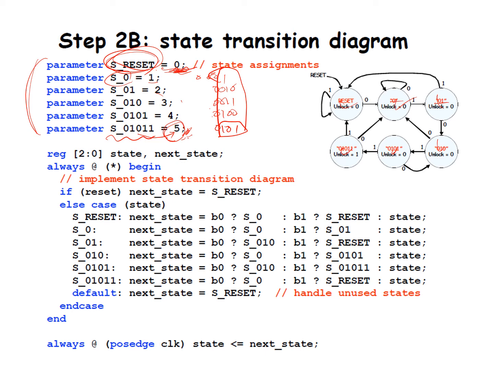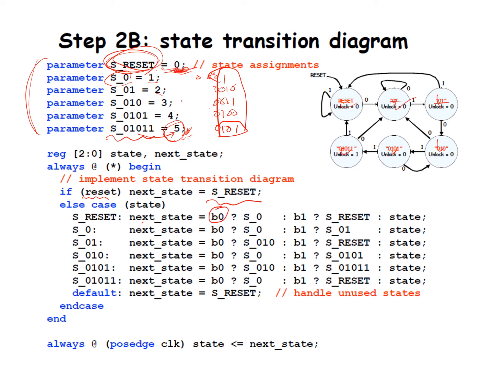Now let's describe inside the logic how we determine the state. In this case, we define that if the reset signal is received, the next state will be reset. Otherwise, we decode depending on the input button condition, right?